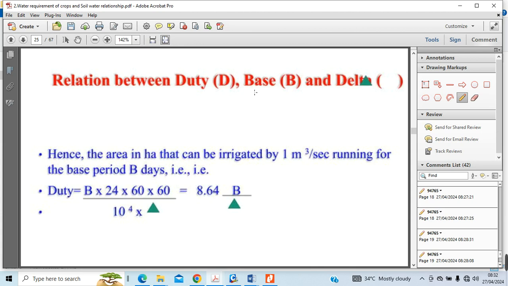Relation between duty, base period and delta: the area in hectares that can be irrigated by 1 cumec running for base period B days. Delta is equal to B into 24 into 60 into 60 divided by 10 power 4, which gives delta equal to 8.64 B divided by D.